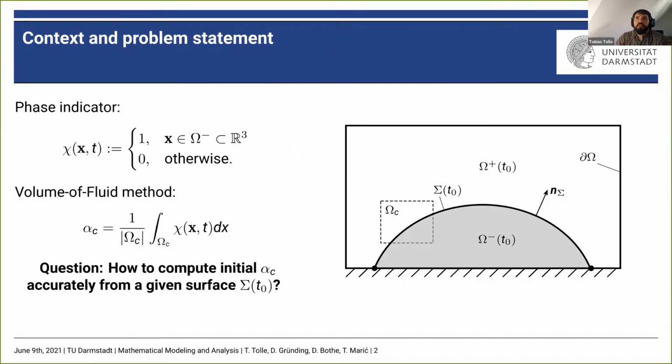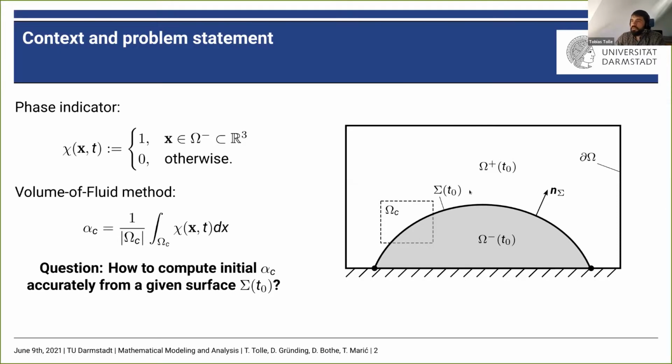Let me first provide a little bit of context and the actual problem statement. In the context of two-phase or multi-phase flow, we have the situation that our problem domain, shown here in the picture, is divided into several subdomains which are occupied by either one of the phases. For example, here, a gray water droplet surrounded by air.